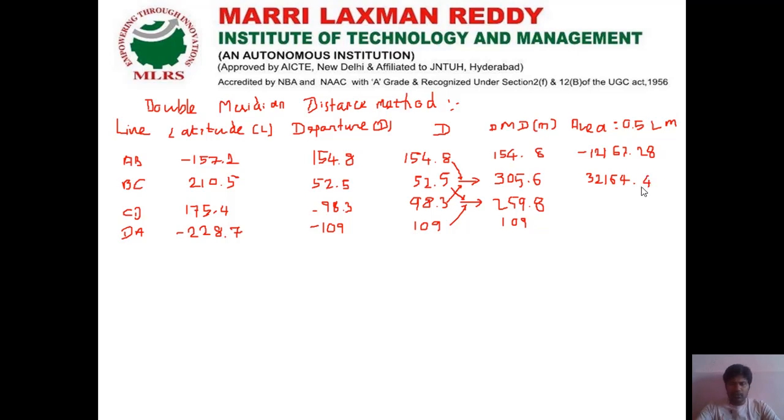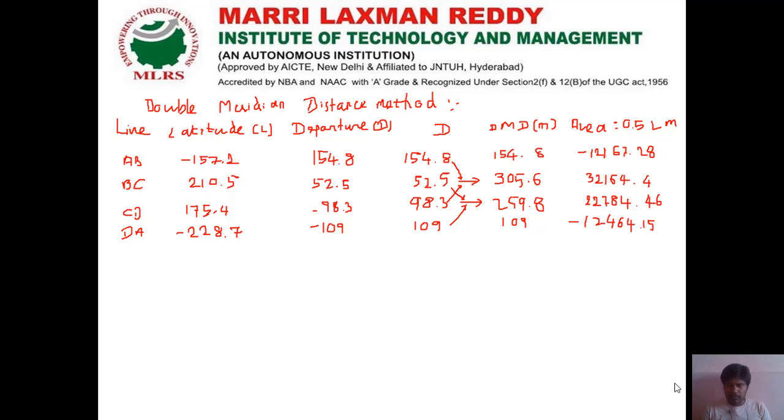Next, for the line CD, 175.4 into 259.8 into 0.5, so the value becomes 22,784.46. The last value, minus 228.7 into 109, becomes minus 12,464.15.